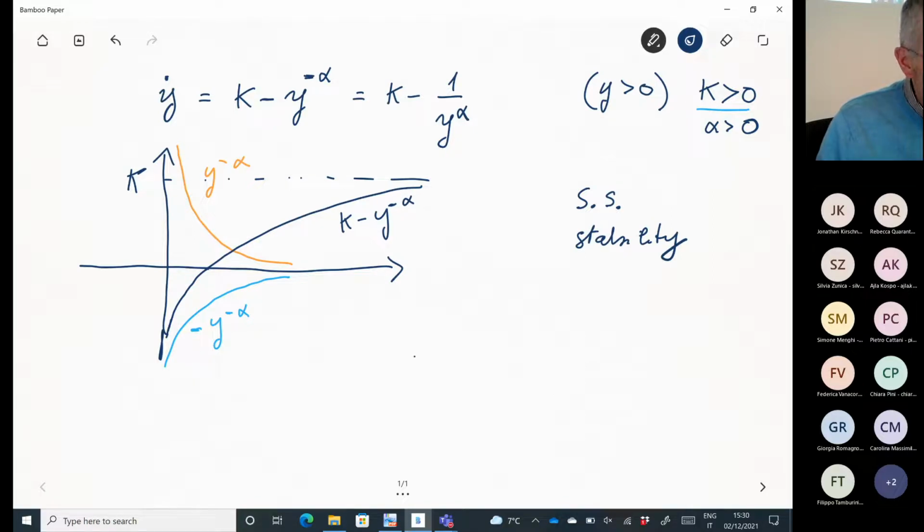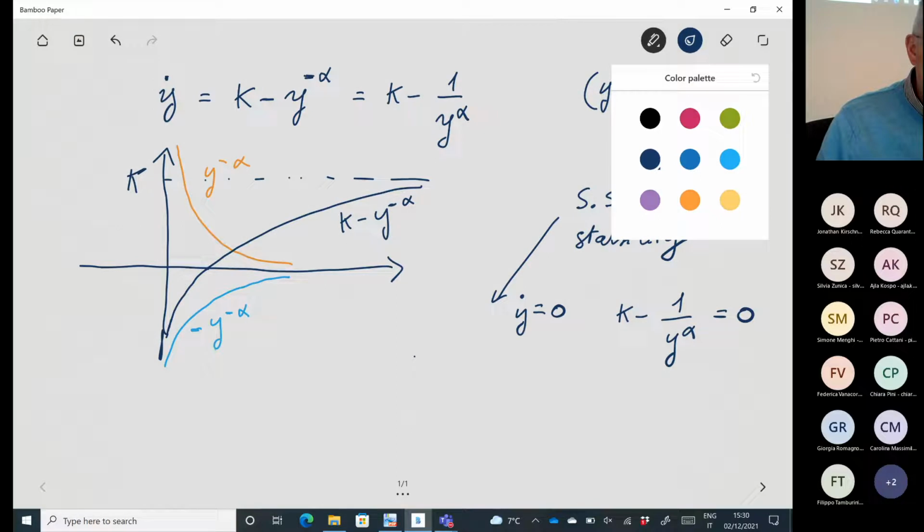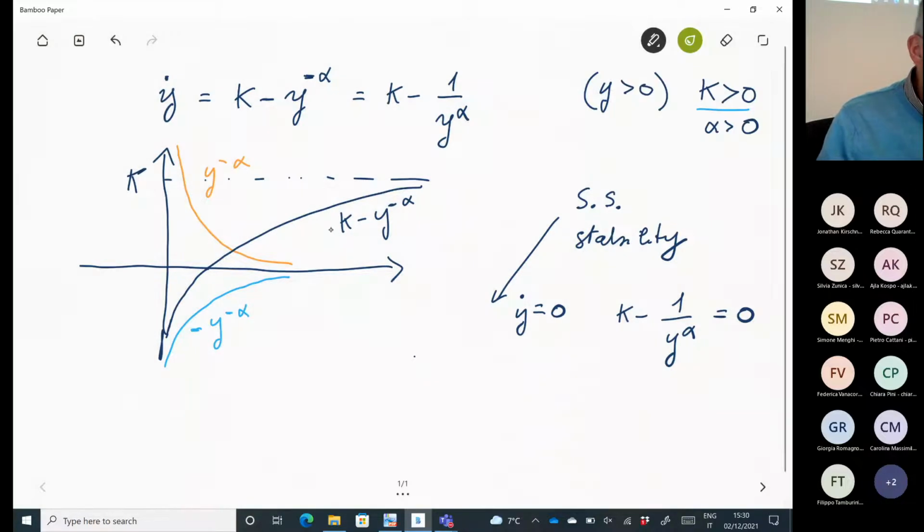You know that the steady state satisfies y dot equal to 0, which means k minus 1 over y to the power of alpha equal to 0. Which basically means trying to understand where this curve intersects the x-axis. Graphically, we see the steady state here.